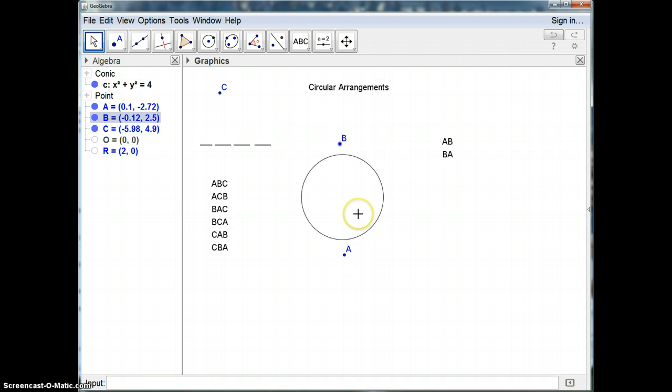The phrase you'll see in the question is that the seats are considered equivalent. Wherever A is, whether in position 1 or position 2, it doesn't make a difference unless they are sitting beside or across from different people.